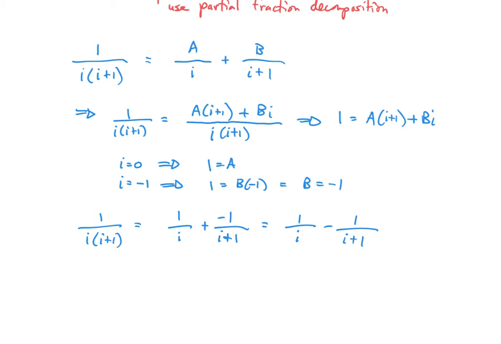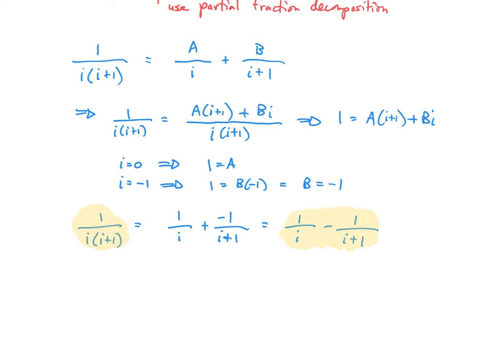And now you can see, oh wow, introducing this negative here, and the fact that the denominator of the second term is exactly 1 more than the previous term, is what's going to cause many of our terms to cancel out here. So let me highlight this partial fraction decomposition because this is key to the next step.